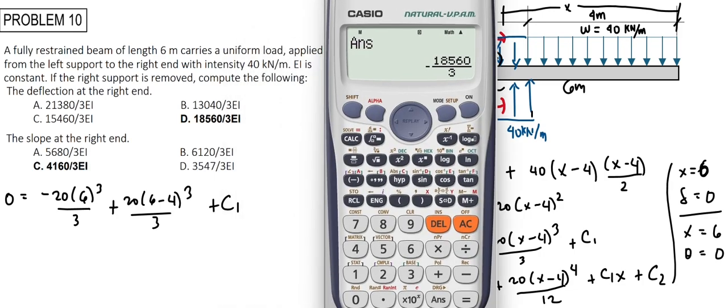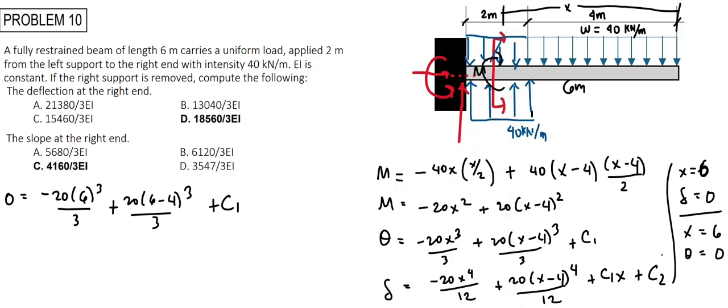Now solving for c sub 1, we have c sub 1 that is equal to 1386.67, or in fraction that is 4160 over 3.